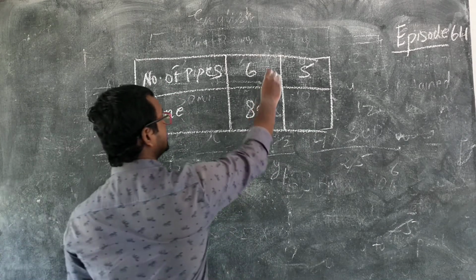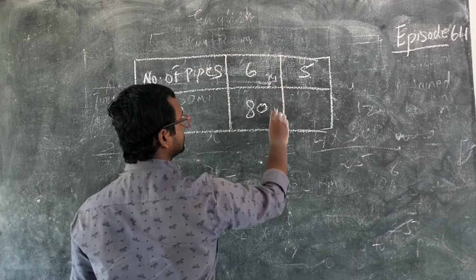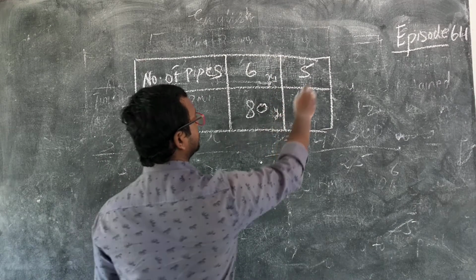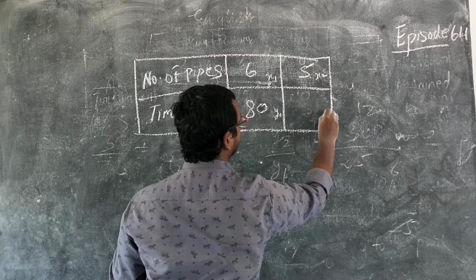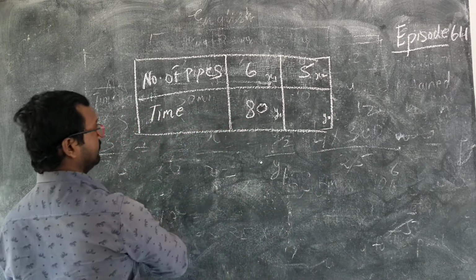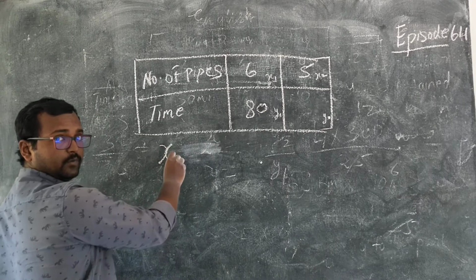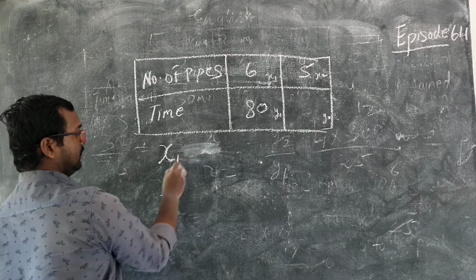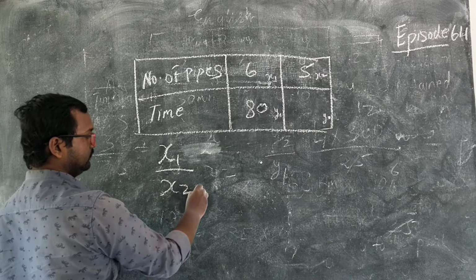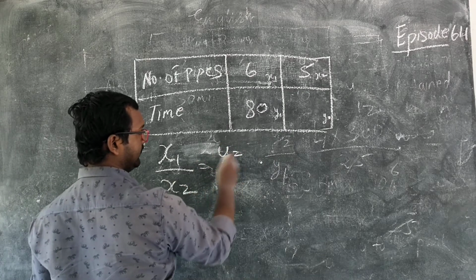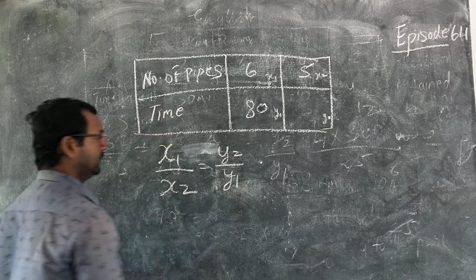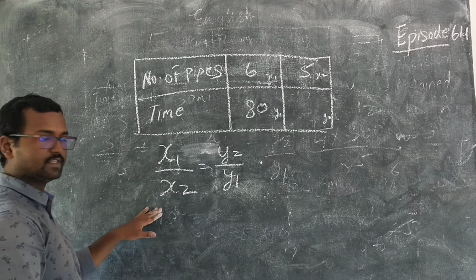So in inverse proportion, this is x1, this is y1, x2, y2. Here we apply x1 divided by x2 equal to y2 divided by y1. Or we can make another form out of this.